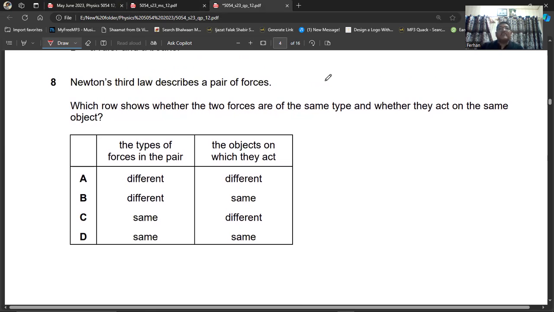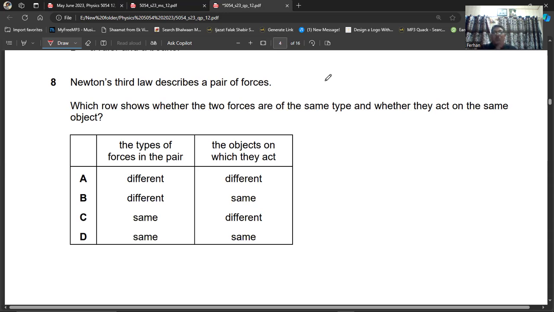Now we have question number 8. Newton's third law describes a pair of forces. Which row shows whether the two forces are of the same type or whether they act on the same object? In the Newton pair of forces, they are action and reaction. Action and reaction are of the same kind of forces, so the type is the same, but both forces act on different bodies.